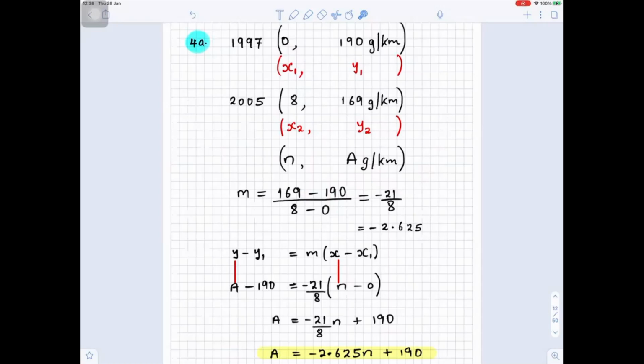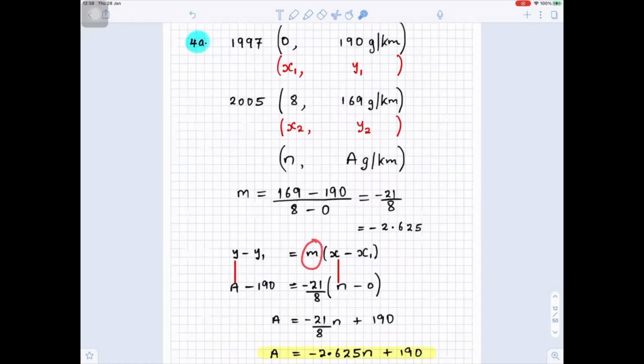And the equation for the line: Y minus Y1 is equal to M bracket X minus X1. A represents Y. 190 is our Y1. We're using the one at the start, 190 grams per kilogram.